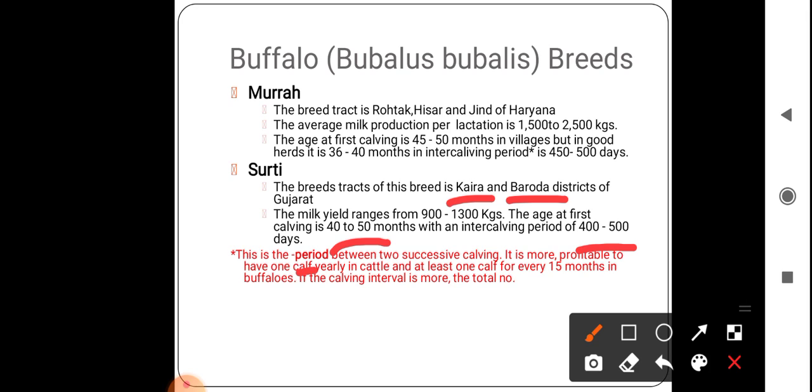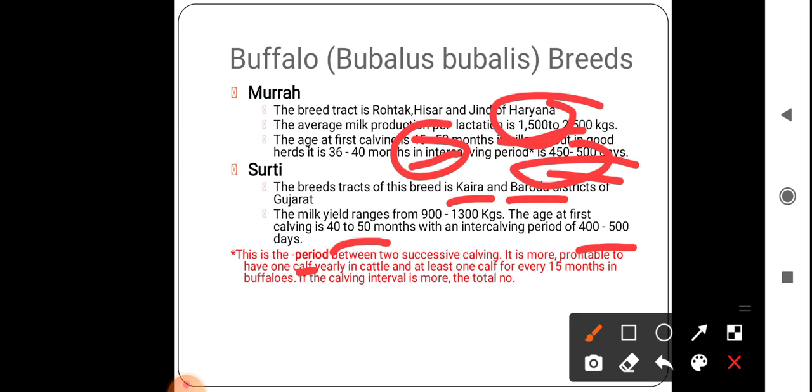So for Murrah, the milk yield is high, and here you can see the first calving is happening from 45 to 50 months of age of the buffalo, and the intercalving period is 450 to 500 days. So you can just remember these numbers for Murrah.